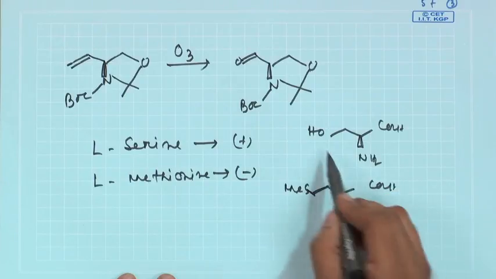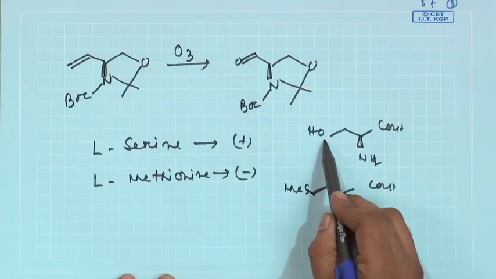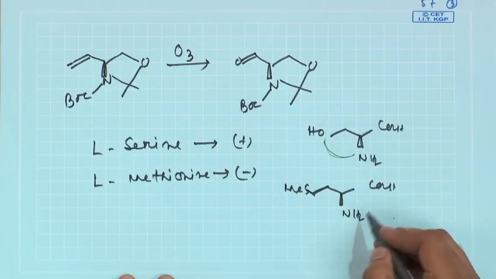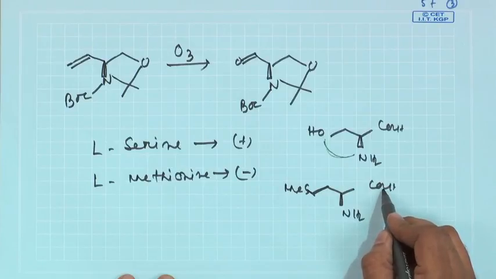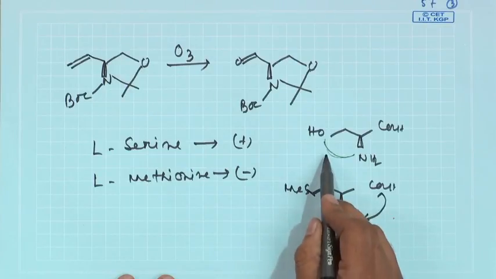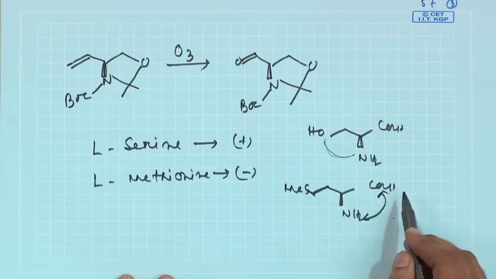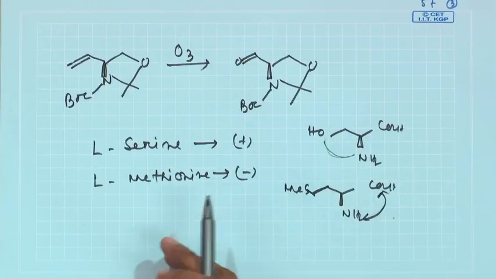So, what do we do? In the case of serine, we do the acetonide protection at this stage. In the case of methionine, we convert this CO2H to CH2OH and do the acetonide protection here. So, this is your left-hand side reaction, and this is the right-hand side reaction. That is why you created the handedness in the final product.